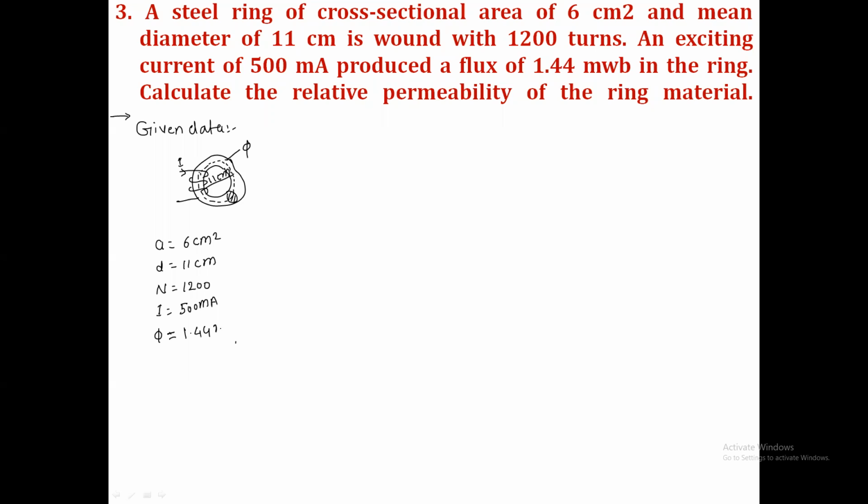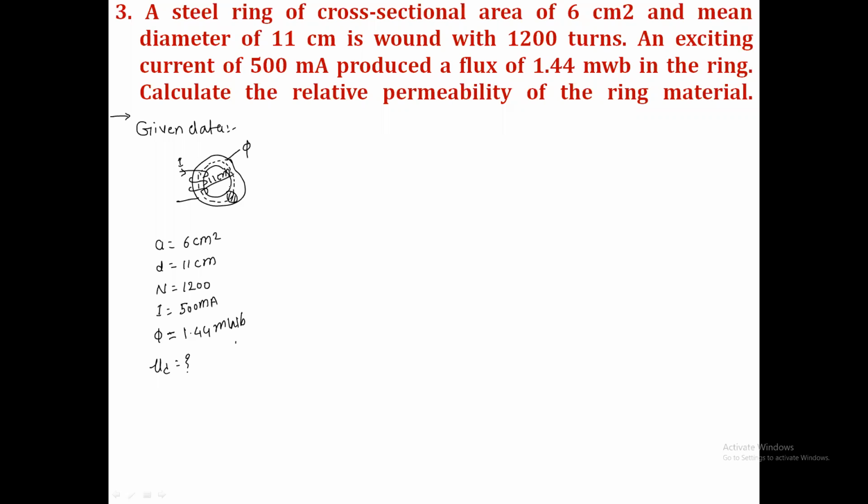Phi is equal to 1.44 milliweber. That value is given. In the ring, calculate the relative permeability mu r. We have to find out.